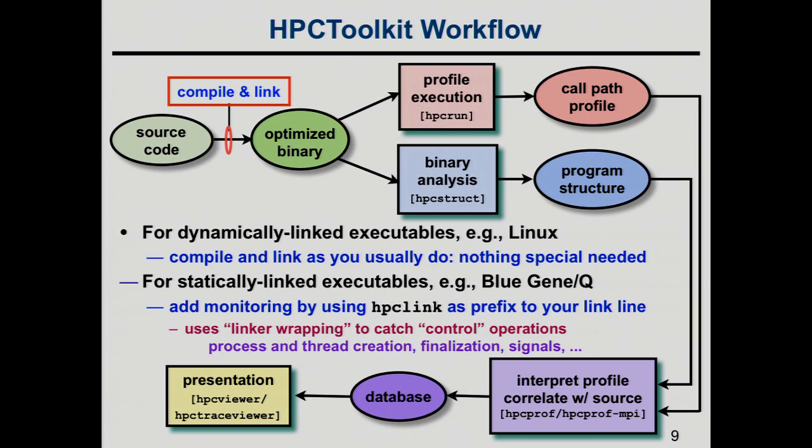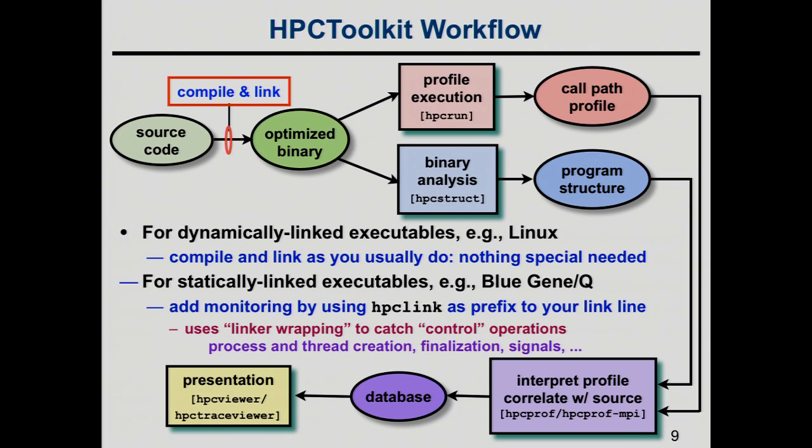For dynamically linked executables on Linux, there's no special attention needed. For statically linked executables, such as on BlueGene/Q, you add this HPCLink utility that we've written as a prefix to your link line.